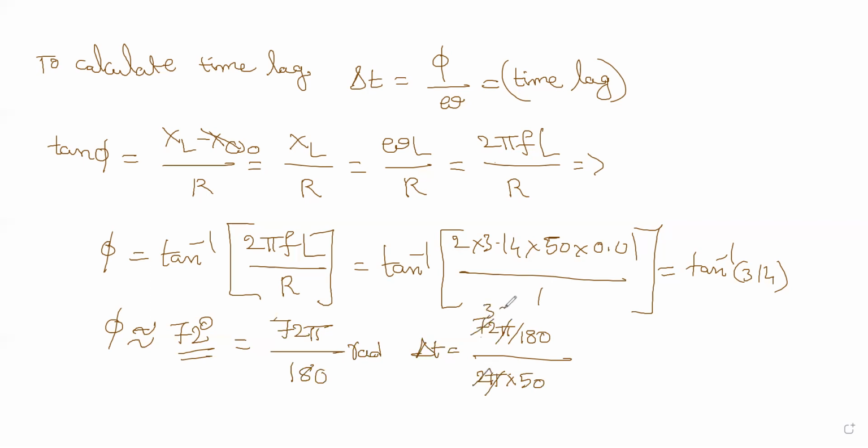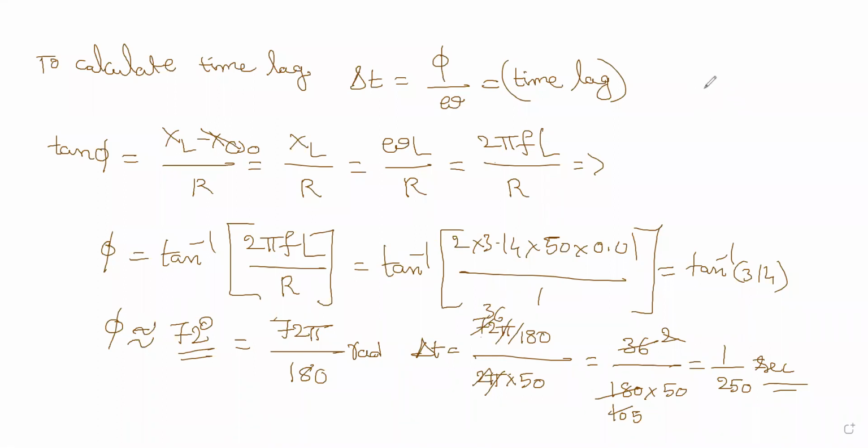So this happens to be 36 by 180 into 50. Further, it will cancel out. So you have 1 by 250 seconds. This is what you get. You can even change into decimals if you wish.